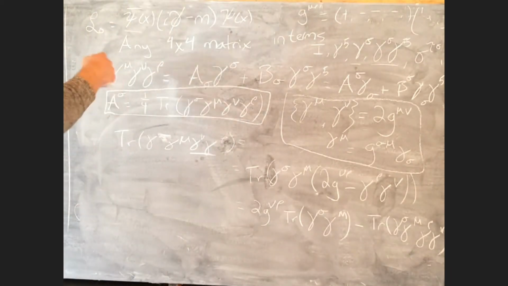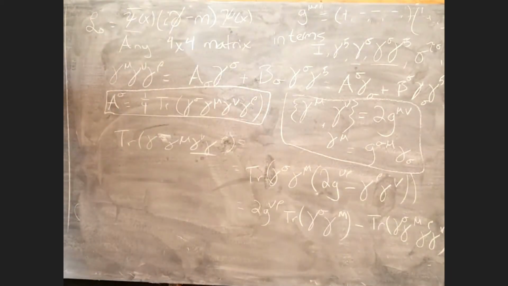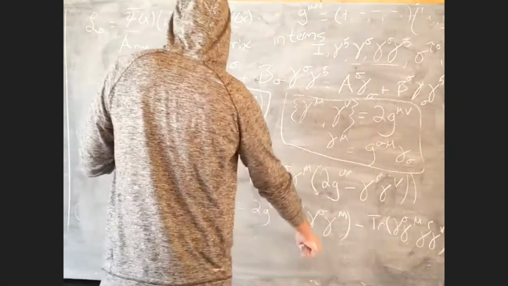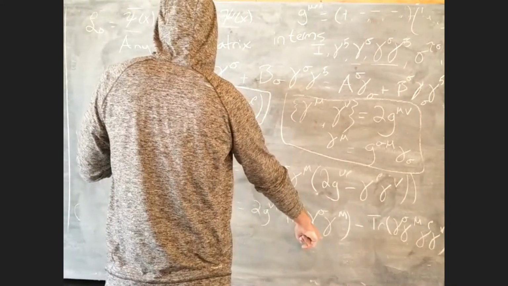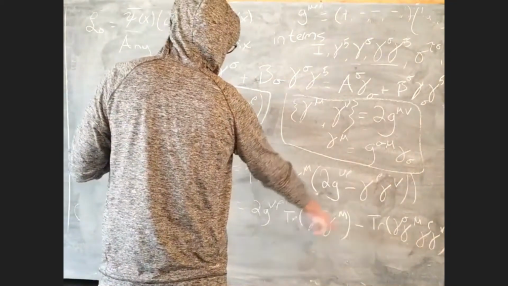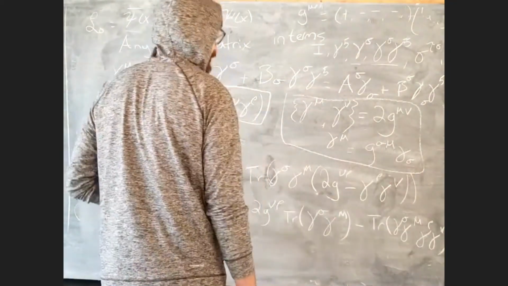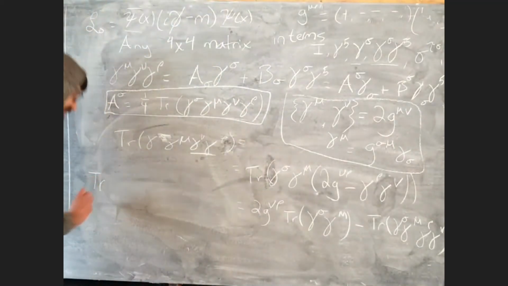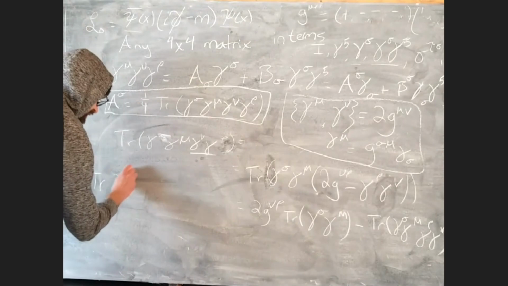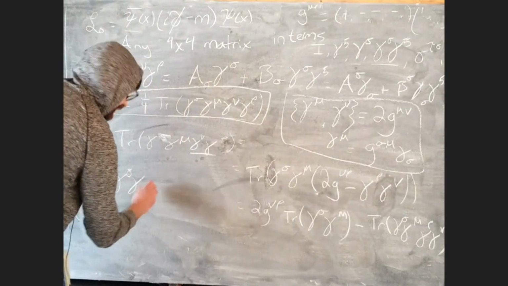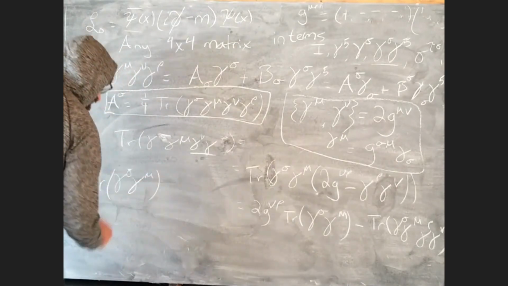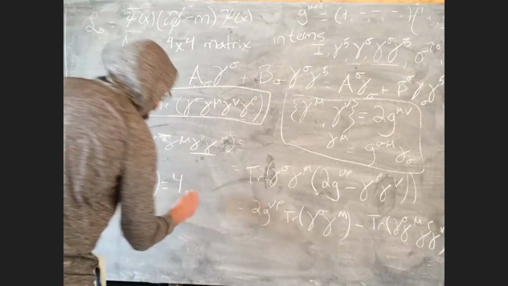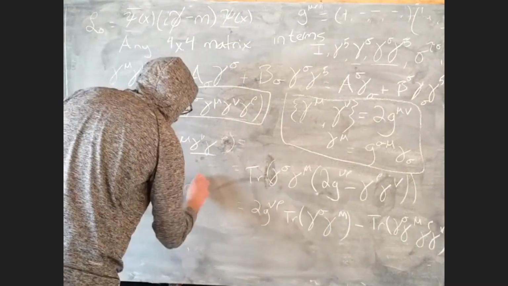There is another identity, namely that the trace of two gamma matrices, we'll call them sigma and mu for the sake of ease, is just equal to 4g sigma mu.